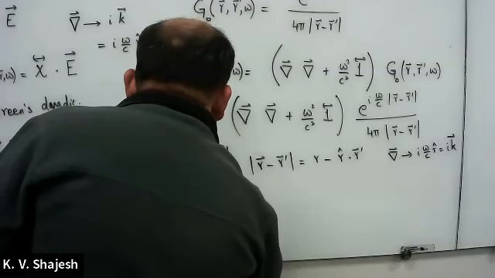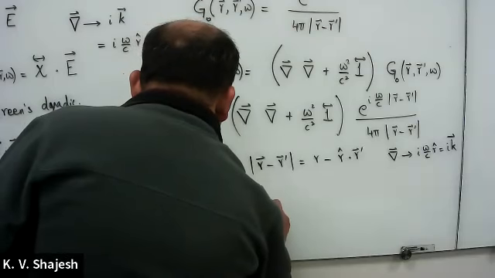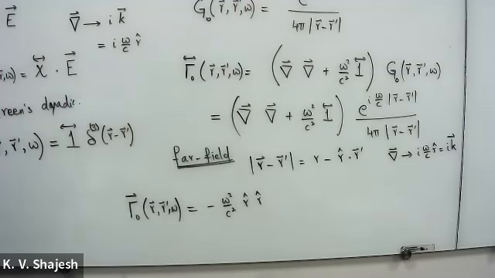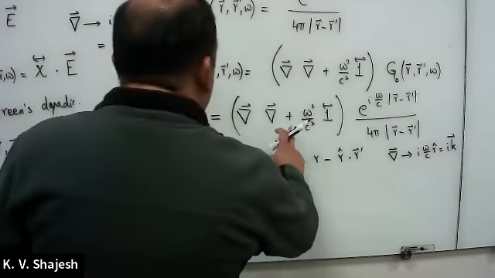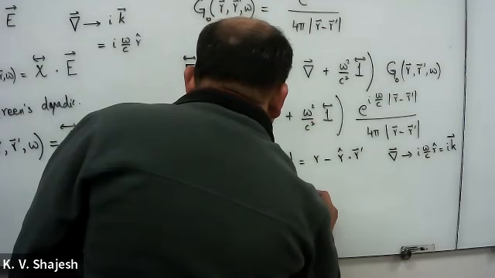So this is minus omega square over c square r hat, two of this coming from here. And that is this minus 1. It's omega square over c square 1.